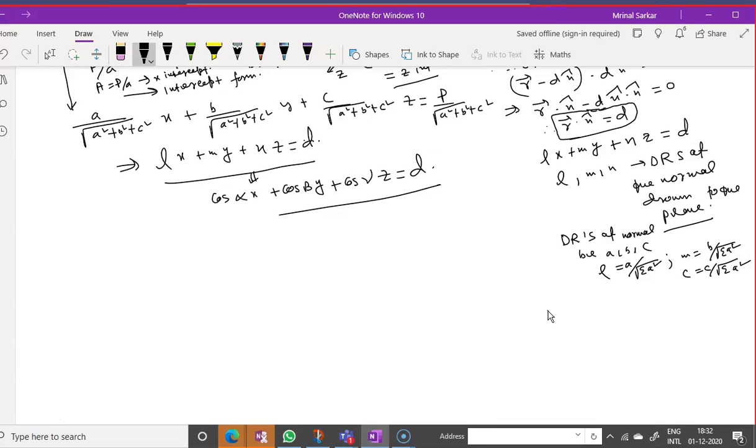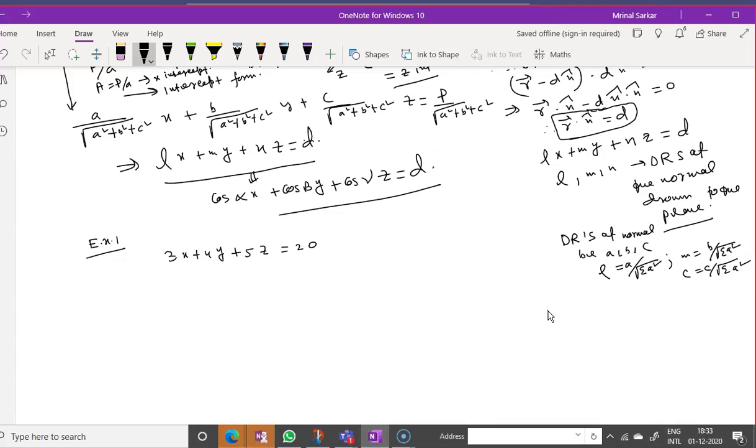I am starting a new manner today, by using a different technique today. Let the equation of plane be 3x plus 4y plus 5z is equal to 20.